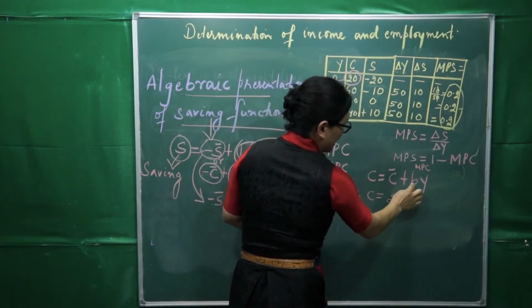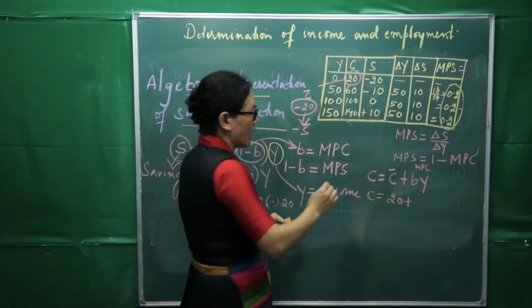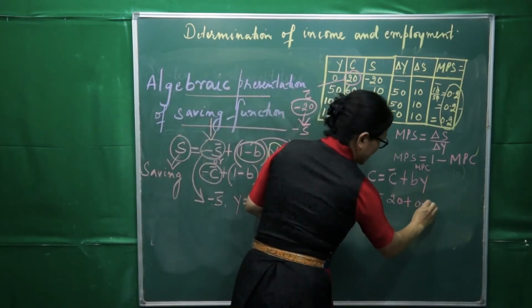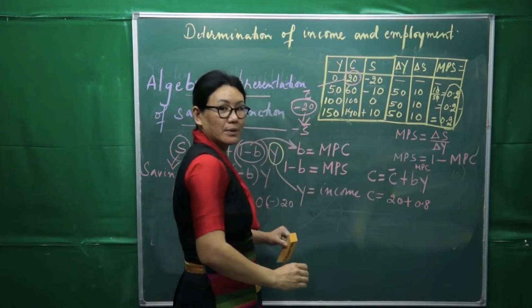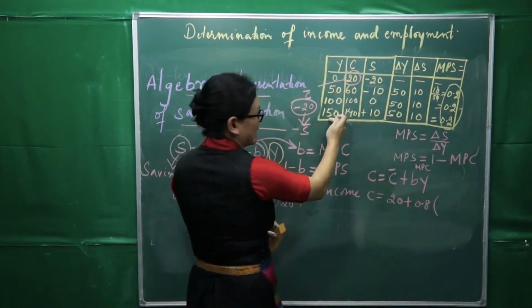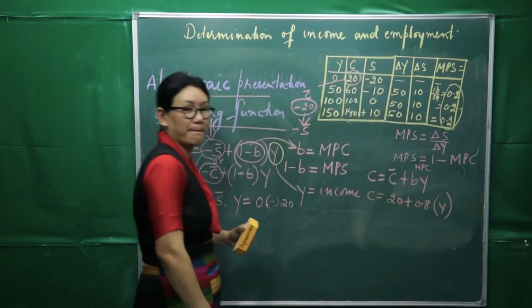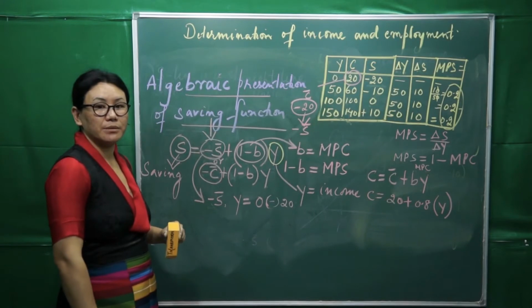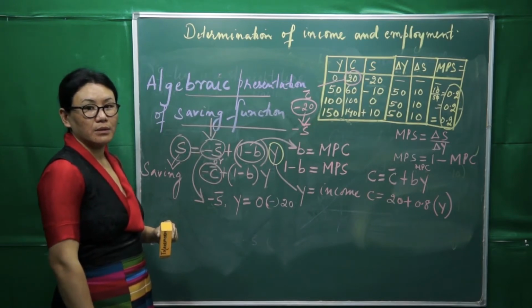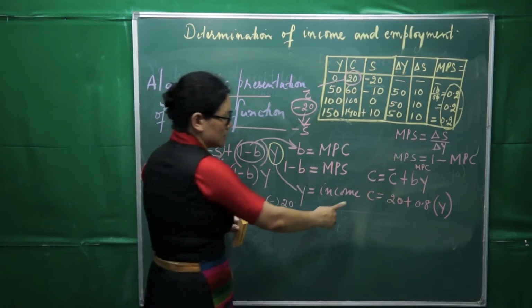Plus b, MPC. In the last video, we got MPC as 0.8. And into Y, we have different levels of income.